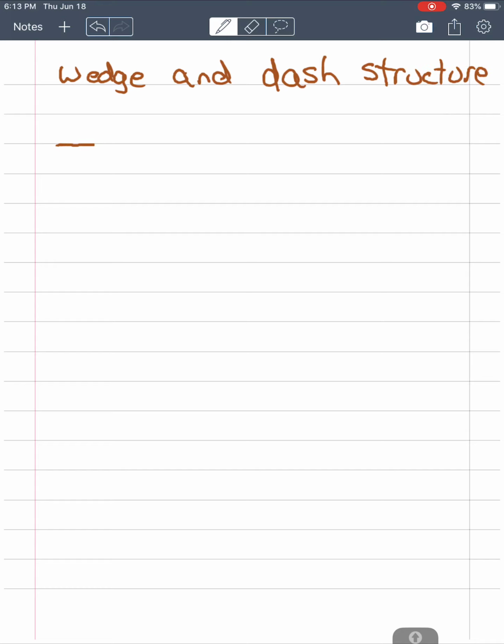All right, so I want to go over the wedge and dash system one more time. A straight line, whatever direction it's going, could be up, down, or side to side, means it's in the plane of the paper.